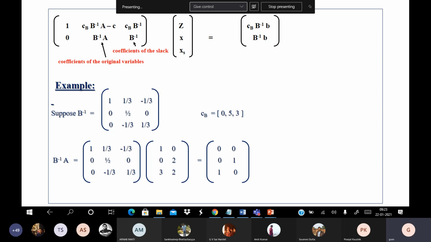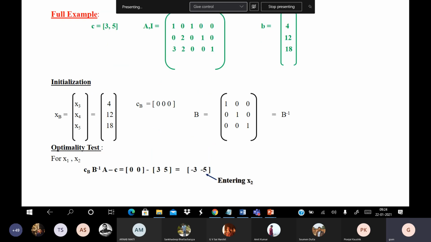Because we know that this entire thing is for the original variables x1, x2. The first row is the objective row and B inverse A gives the coefficients in the constraints, right? So if you calculate B inverse A, you'll have two columns for these two variables. You'll choose the second column, right, for x2. So this is what I'm doing now.